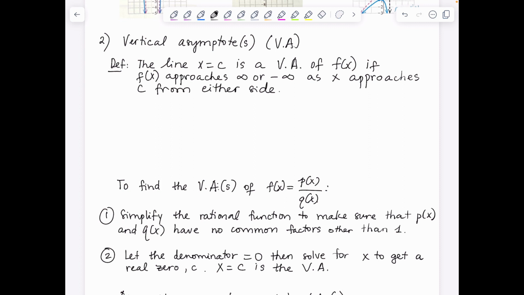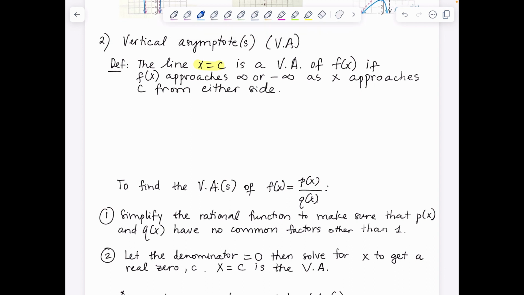So the line x is equal to c, which is the equation of a vertical line, is a vertical asymptote of f of x if f of x approaches infinity or negative infinity as x approaches c from either side. To explain this statement, I'm going to draw a couple of pictures.